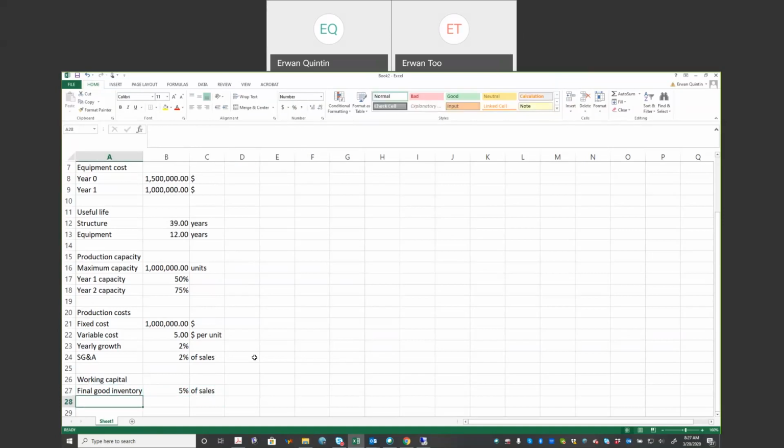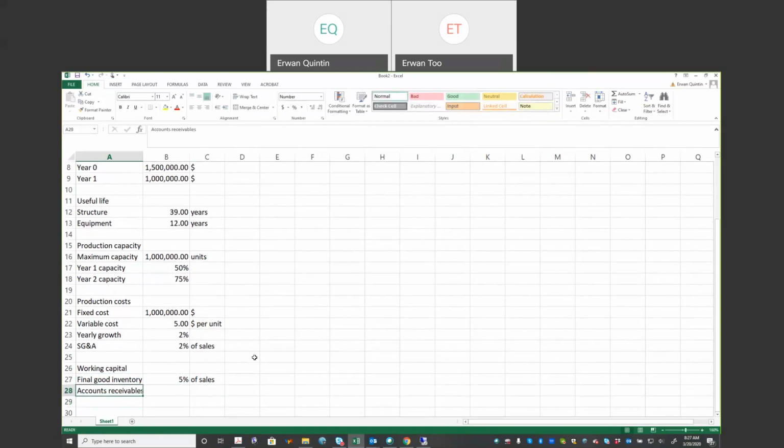Very good. Other liquidity that I'm going to need is going to be accounts receivable. So I'm going to give standard terms to my customers and I need to finance that. And by assumption, this is going to be 10% of sales. So I have to give financing to my customers, but on the other hand, I am getting financing from my suppliers.